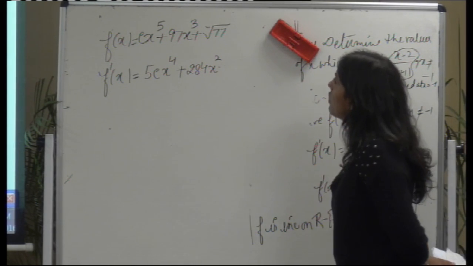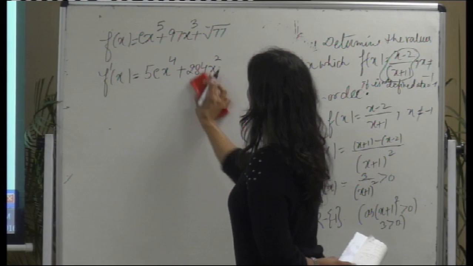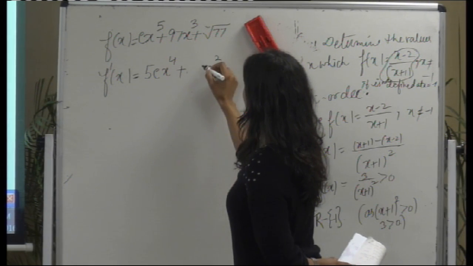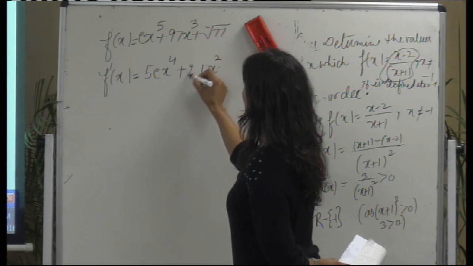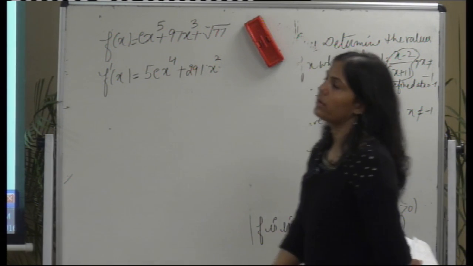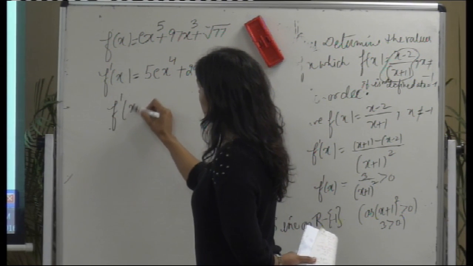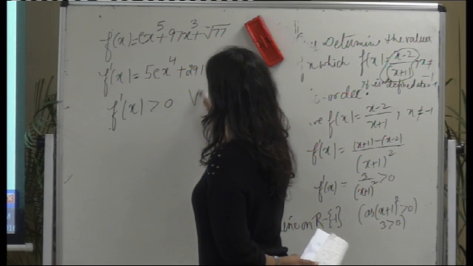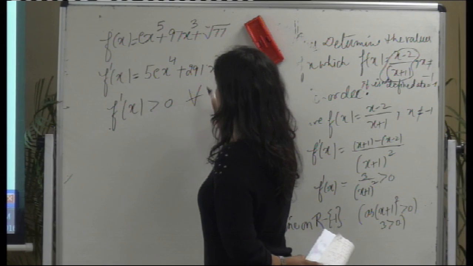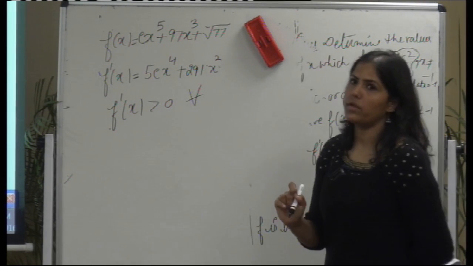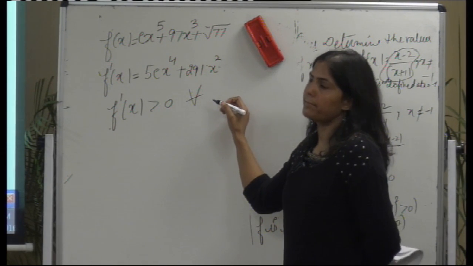So the derivative also comes out as e to the power of x times (5x^4 plus 291x^2 plus 97). What about this function now? Is this positive for all x, or is there some x where it can be negative?